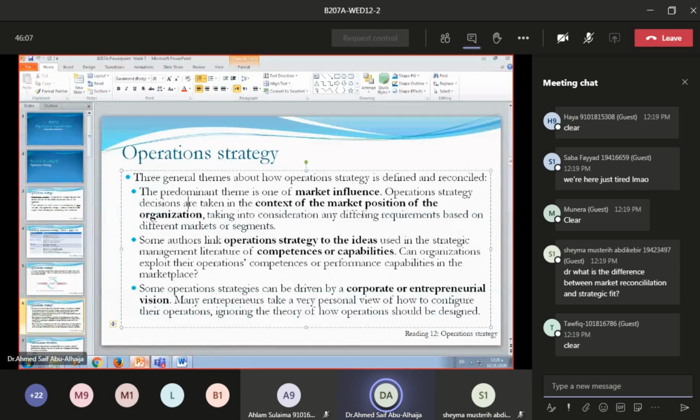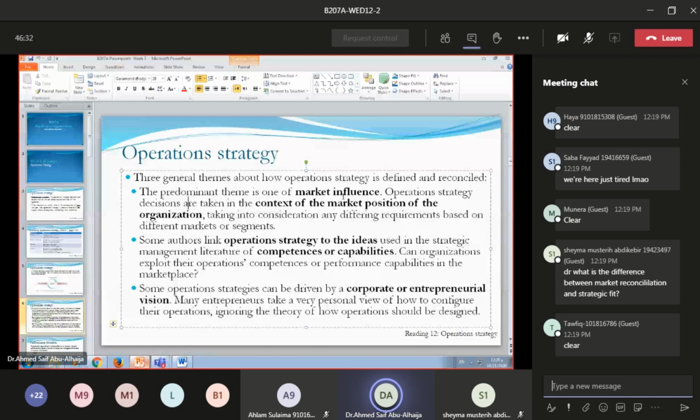They say here that there are three important themes about how the operation strategy can be defined and reconciled. First, the predominant theme is one of market influence.